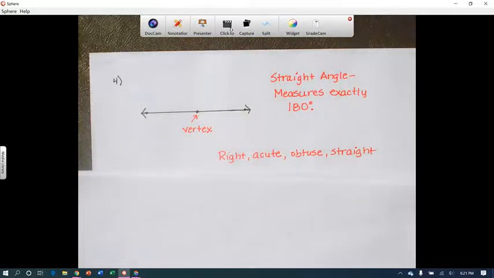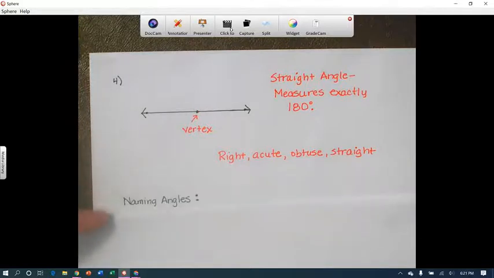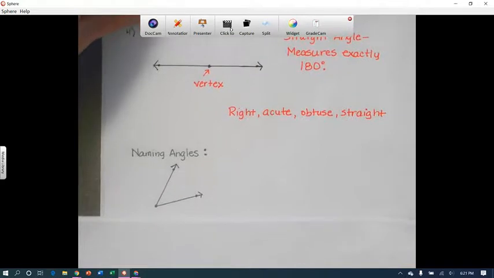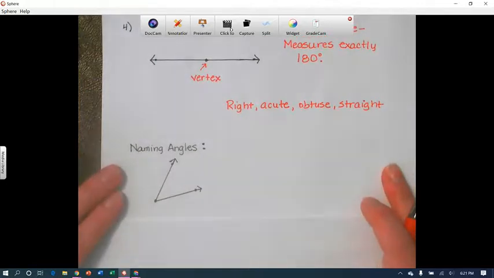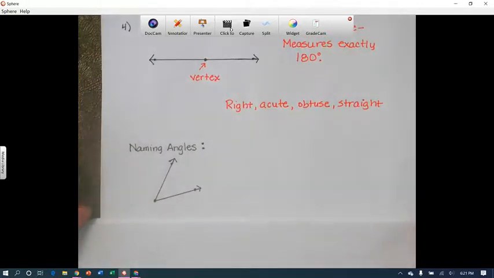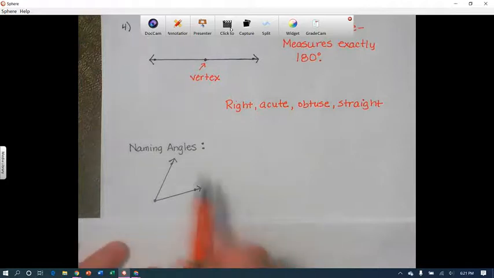So you have to know the vocabulary to identify the angle. And now we're going to move on to naming angles. And so there are really 3 different ways that we could name angles. And so if we look at this angle, we have these 2 rays intersecting at this vertex.